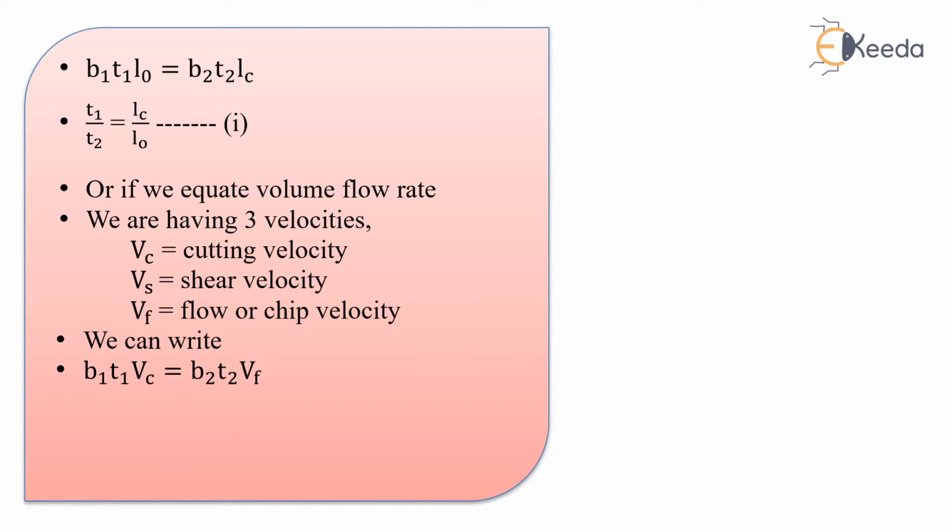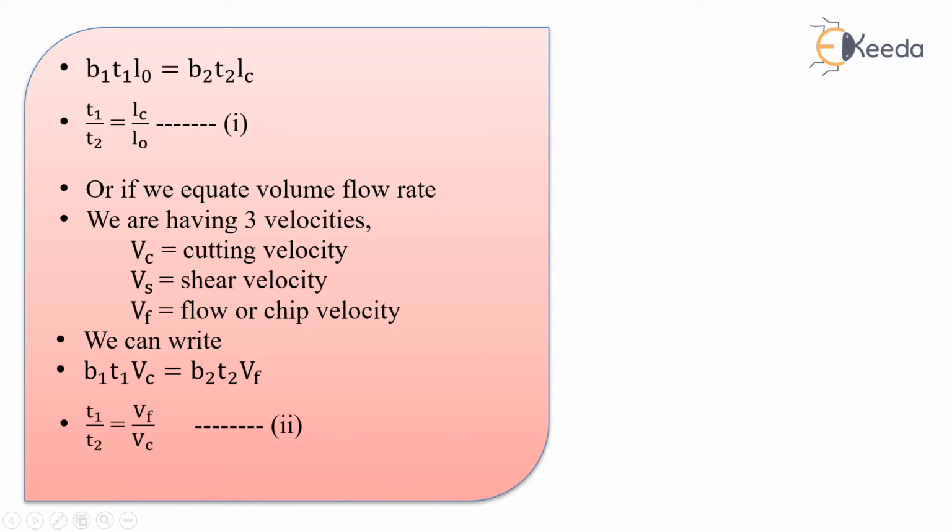In terms of these velocities, with volume constancy, I can write b1 t1 into the cutting velocity, the relative velocity with the workpiece, equal to the outward volume flow rate of the chip, b2 into t2 into Vf. Vf is the chip velocity or flow velocity.